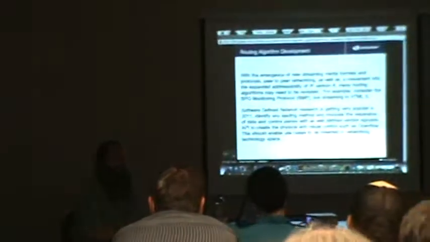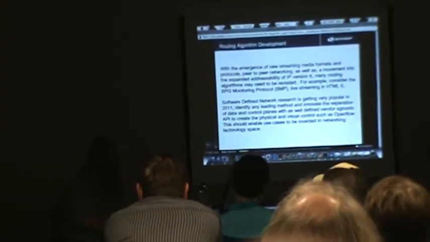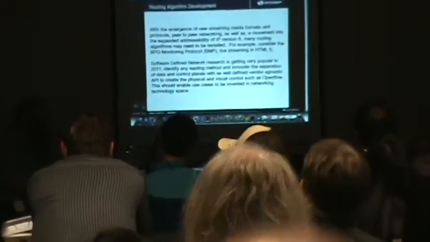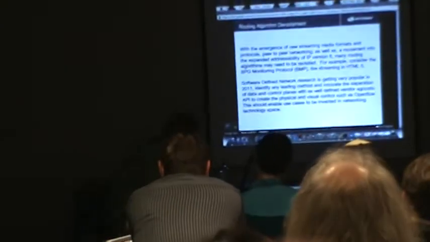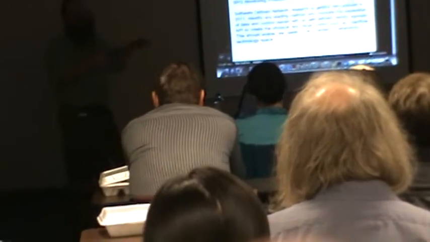This really gets to the question of what new research we can do in terms of protocol or algorithm development. An example right now is the BGP Monitoring Protocol. Architecturally it looks like the most appropriate way for me to receive the routing topologies from these routers.